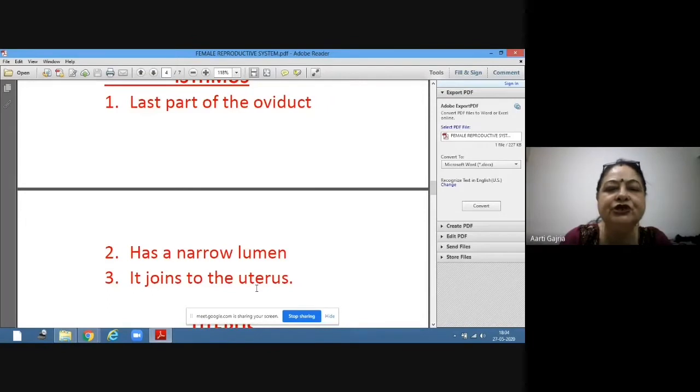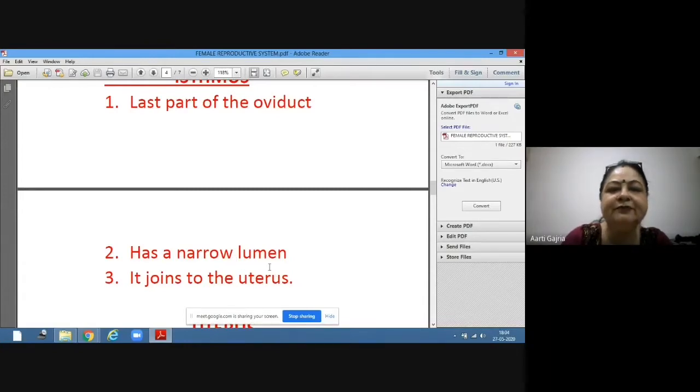So the fallopian tube, which is a duct which connects ovary to uterus, has 3 parts: infundibulum, ampulla, and isthmus. Infundibulum is the part which is closer to the ovary, and isthmus is the part which is closer to the uterus.